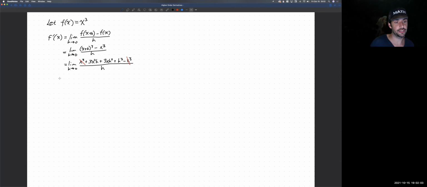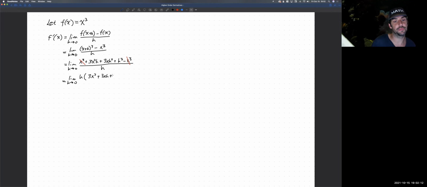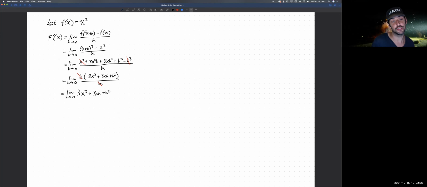We can pull a factor of h out of everything in the numerator. So we'll have h times 3x squared plus 3x h plus h squared over h. Those factors of h cancel, and we are left with a simple polynomial. 3x squared plus 3x h plus h squared, right?